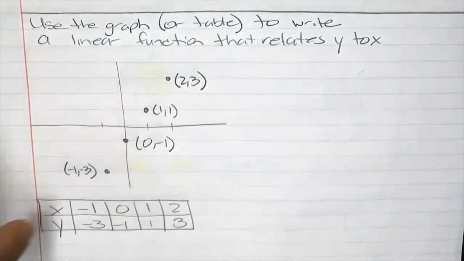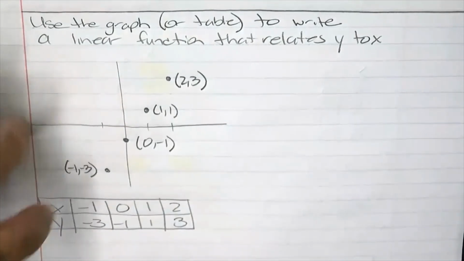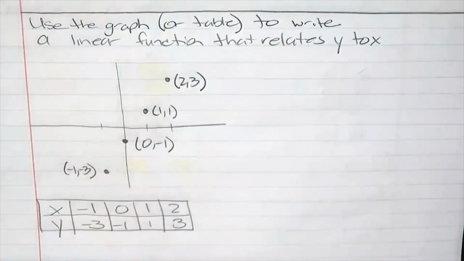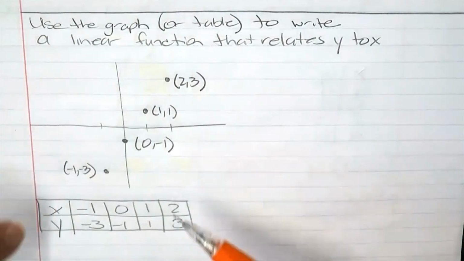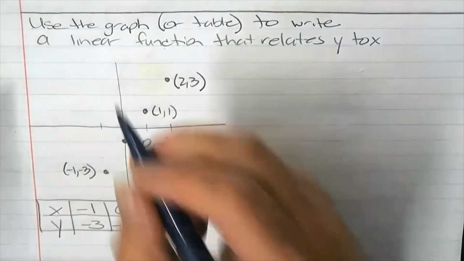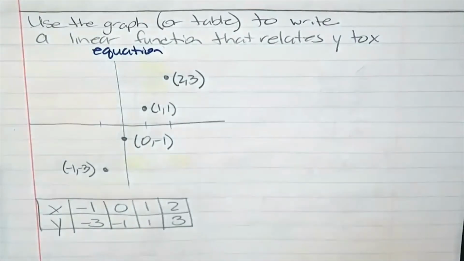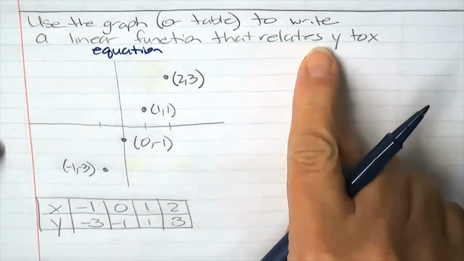So this graph and this table represent the same thing. And what this is asking me to do, use the graph or table to write a linear function, also known as an equation that relates x to y.